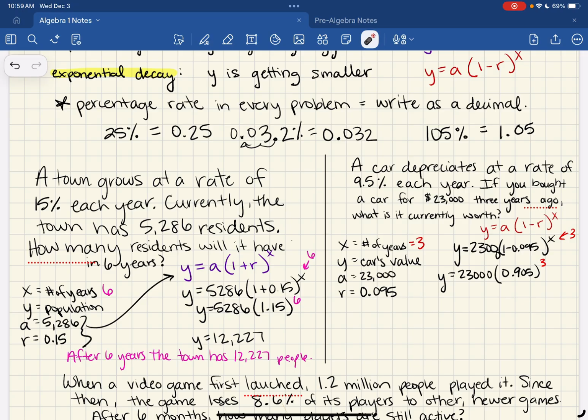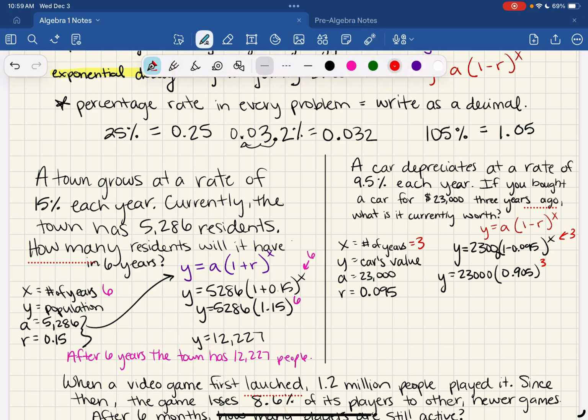Okay, let's type that into our calculator and see what we get. 23,000 times 0.905 to the third power. Did everybody get 17,048.00?